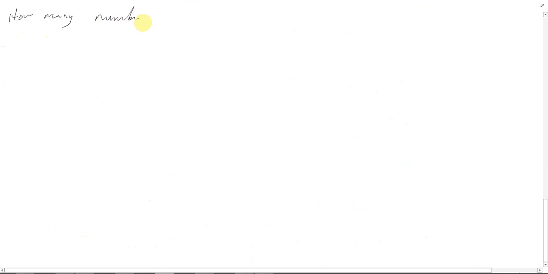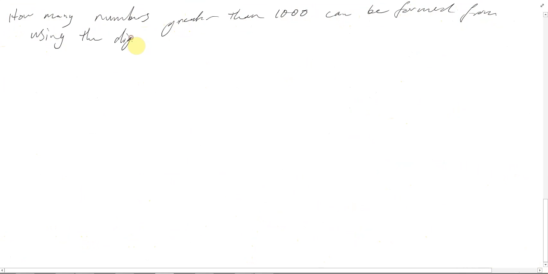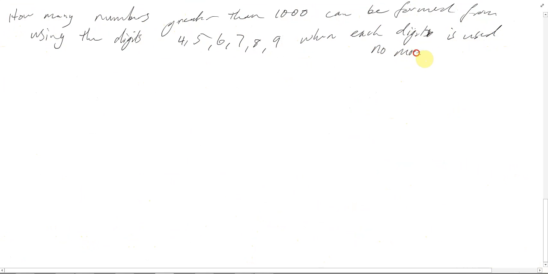How many numbers greater than 1000 can be formed using the digits 4, 5, 6, 7, 8, 9, when each digit is used no more than once?